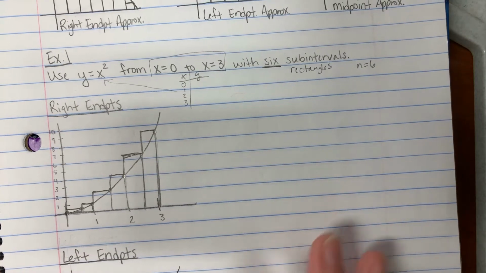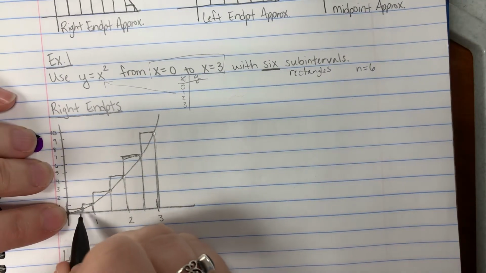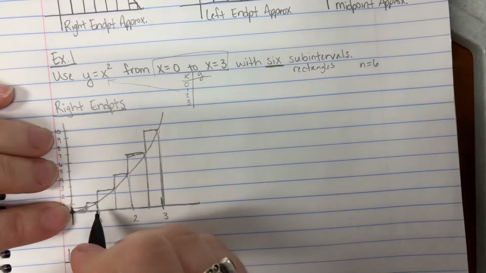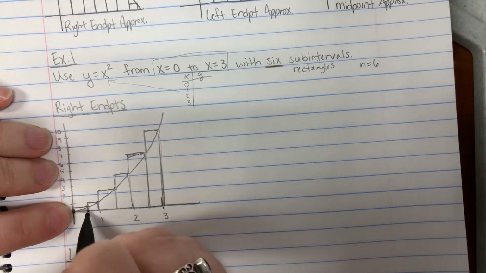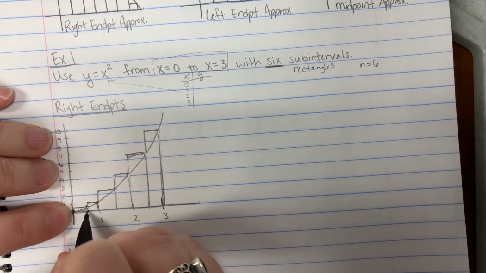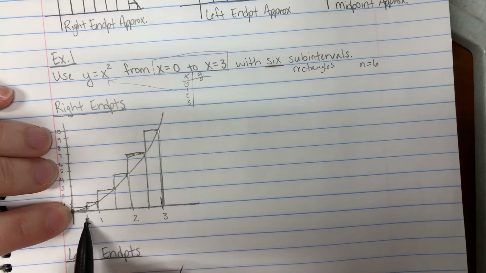Okay, so to find those areas, I have to know 2 things. I have to know what the base is times the height. Remember, to find the area of a rectangle, you do base times height. Well, in order to find the height, I have to know what each of these endpoints are. So right here on my curve, I have to know what that endpoint is. That endpoint was at 1/2 because I was at 1 here, so halfway over was 1/2.